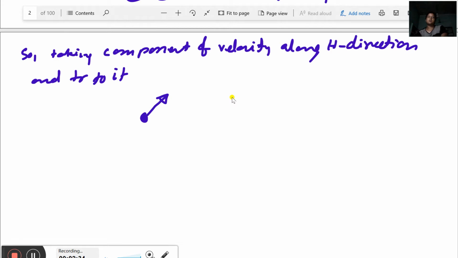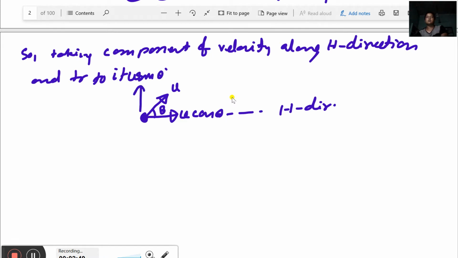A speed u has two components with an angle theta, u cos theta along horizontal direction and u sin theta along vertical direction. And the moving frame has constant speed v.